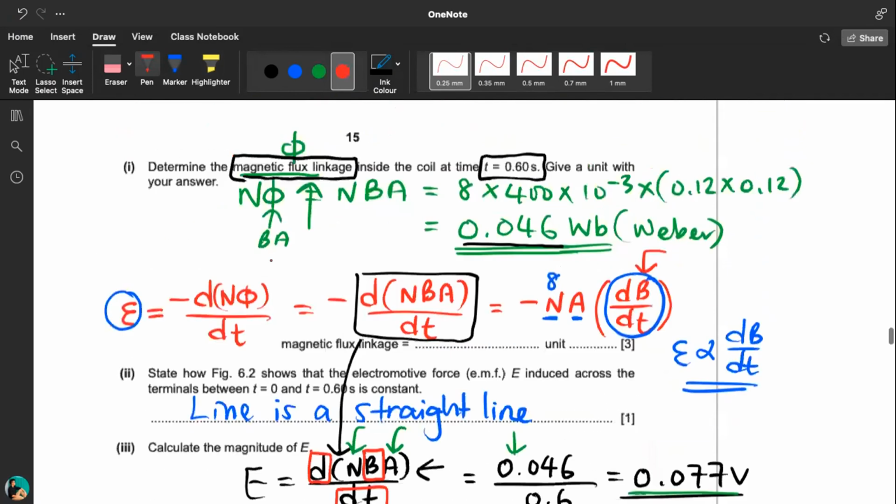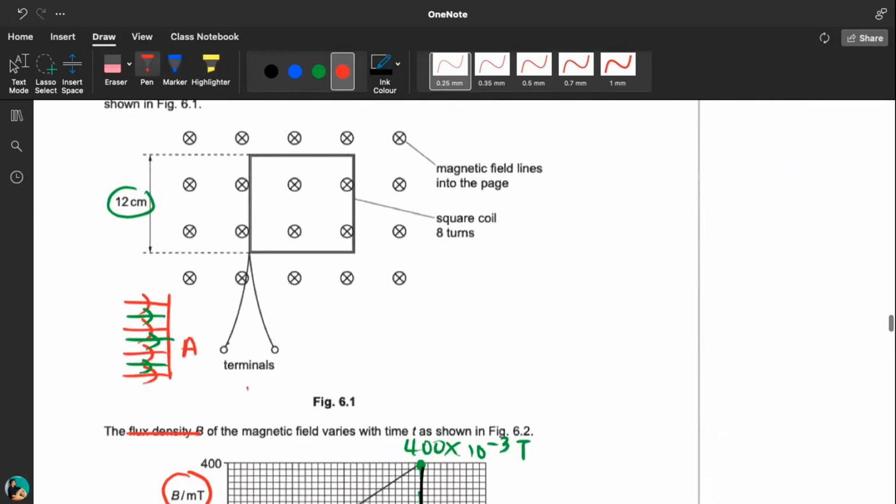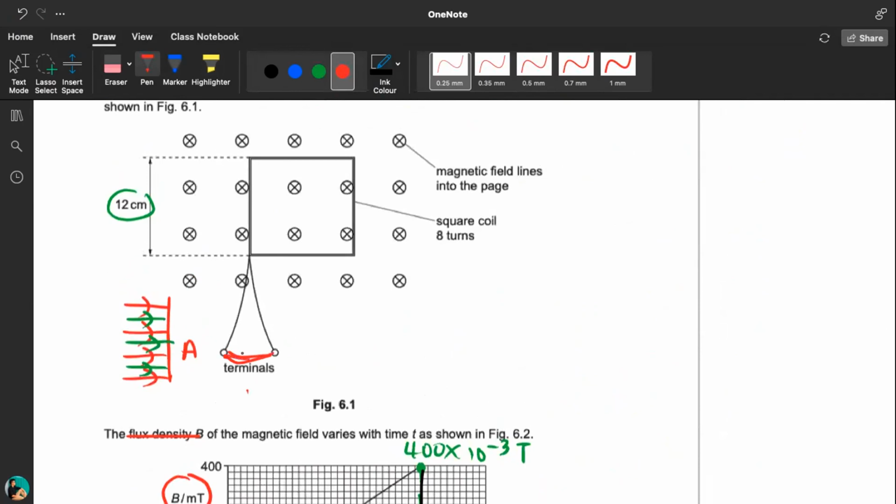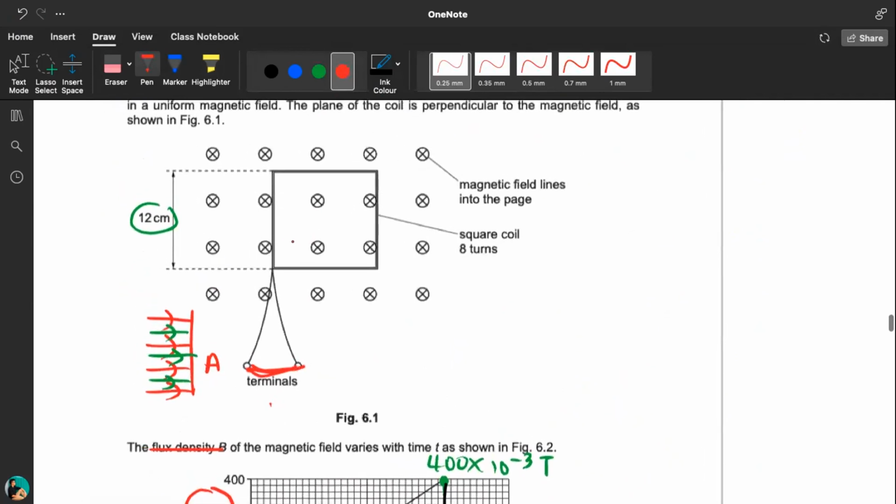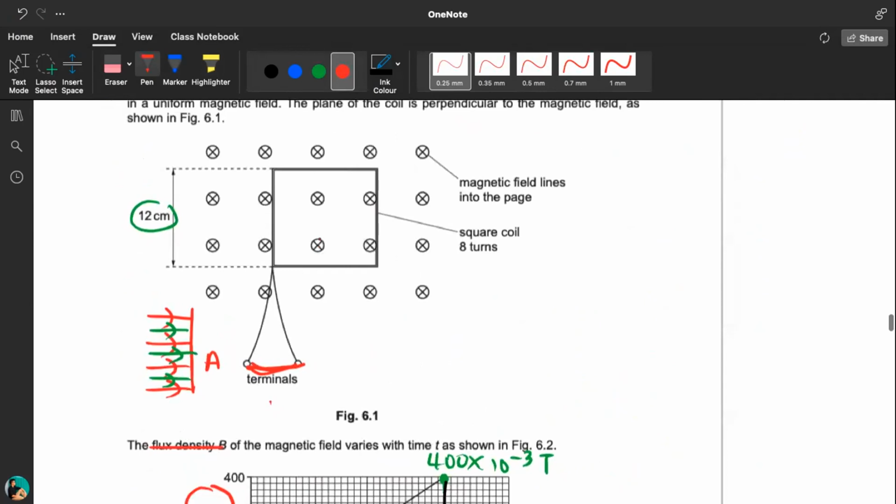First is that when you connect the terminals, that means you have a closed circuit already. Previously you didn't have a closed circuit. When you have a closed circuit, the induced EMF will cause the current to start to flow in the circuit. If you don't have a closed circuit, you only have induced EMF but you don't have current. Very important.